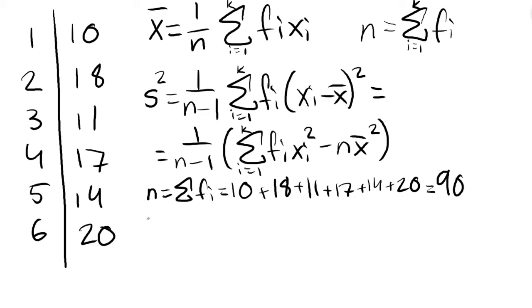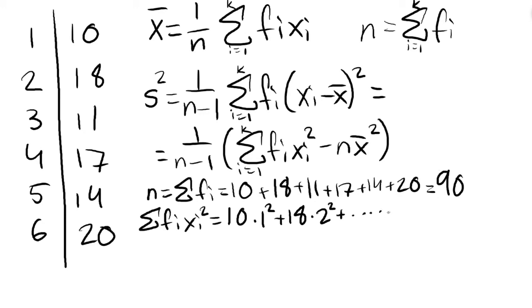And then we want our sum of fi xi squared. That would be 10 times 1 squared plus 18 times 2 squared plus, and so on. I'm not going to write down every single one. The last one, however, would be 20 times 6 squared.